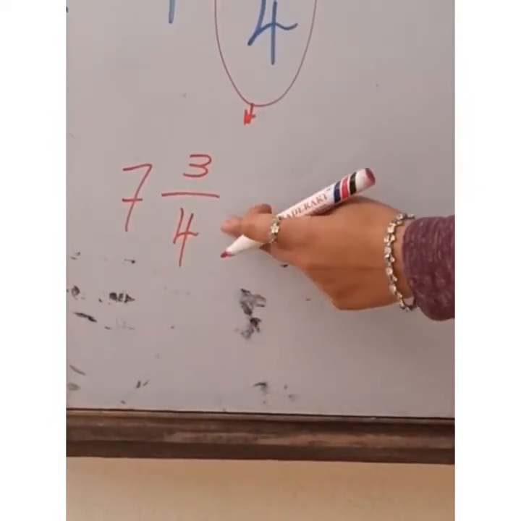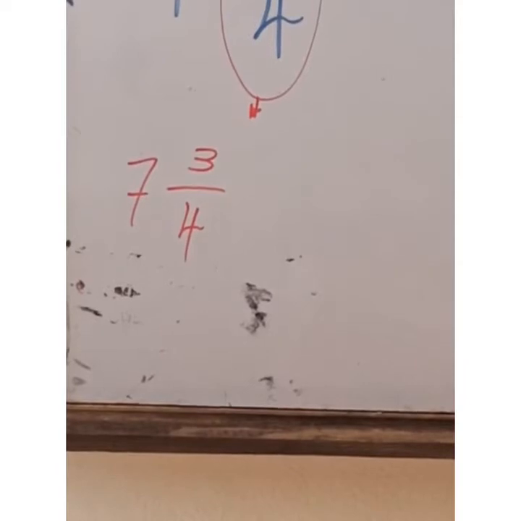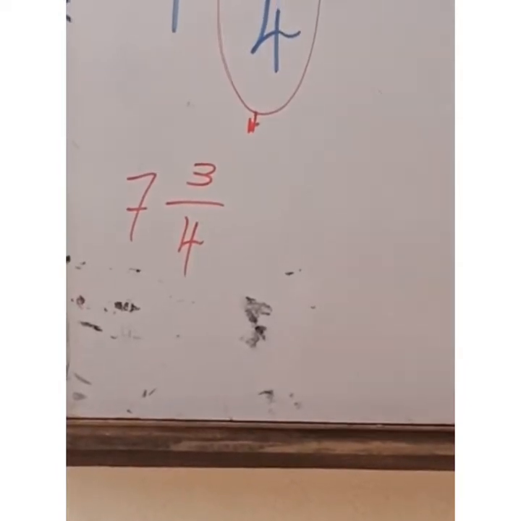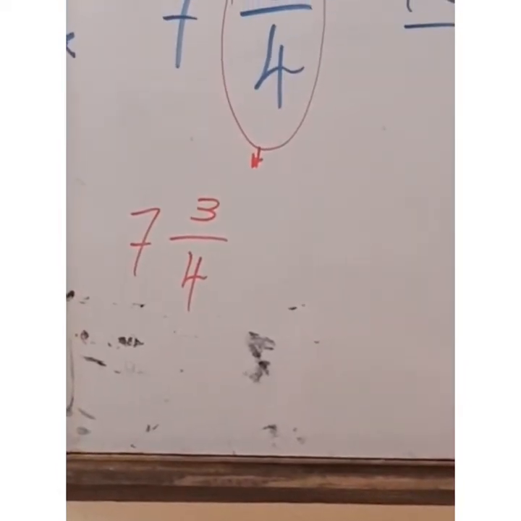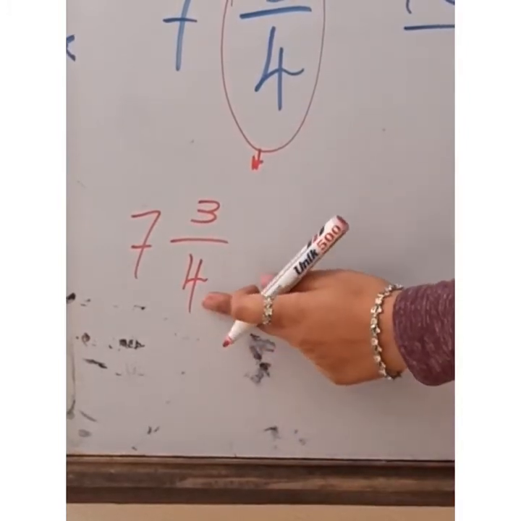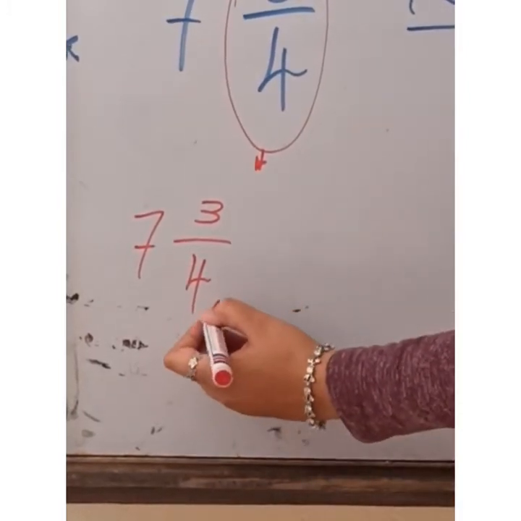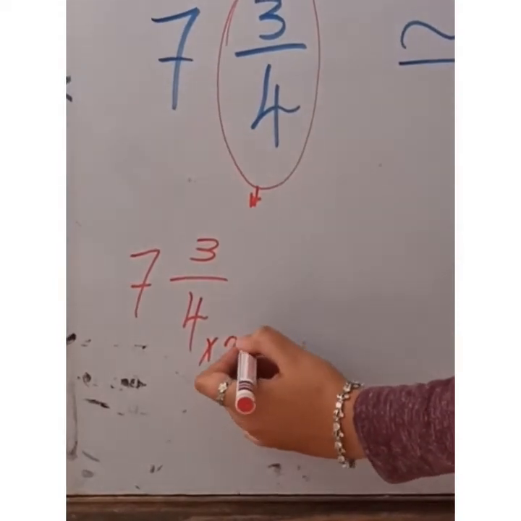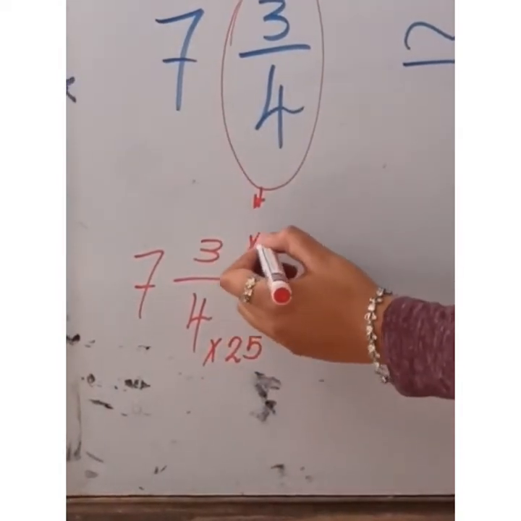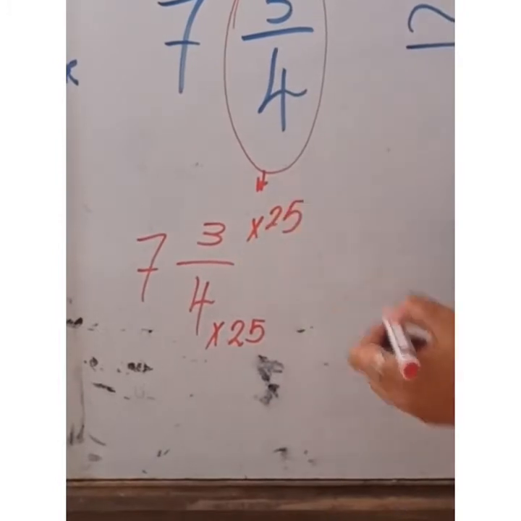We should convert this fraction to decimal by using the magic box. The magic box tells me that when we have 4 in the denominator, we multiply it by 25, and multiply the numerator too.